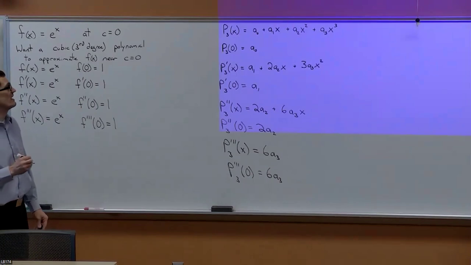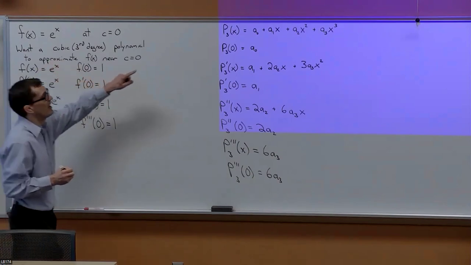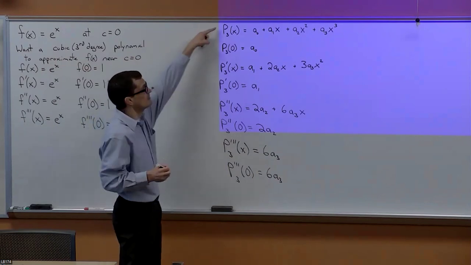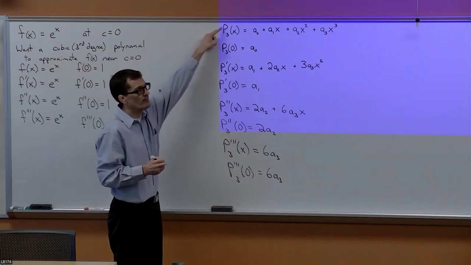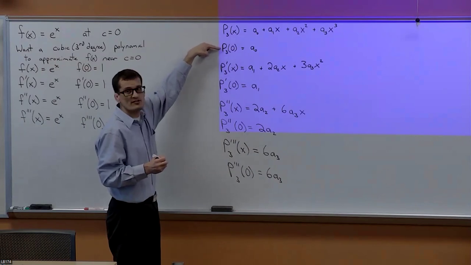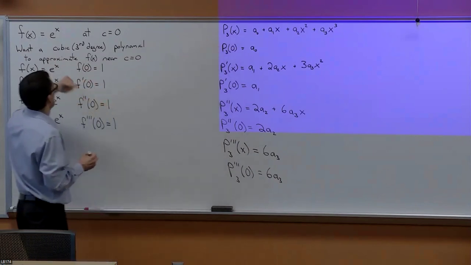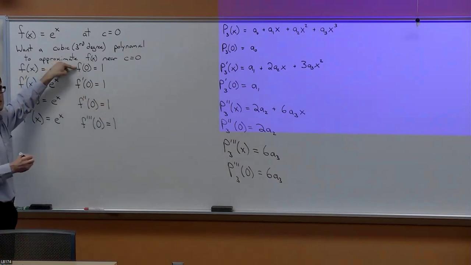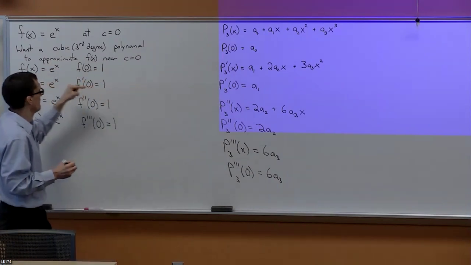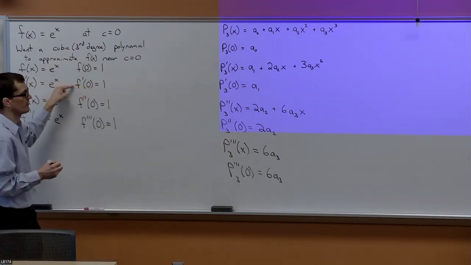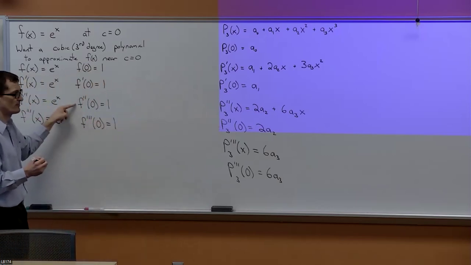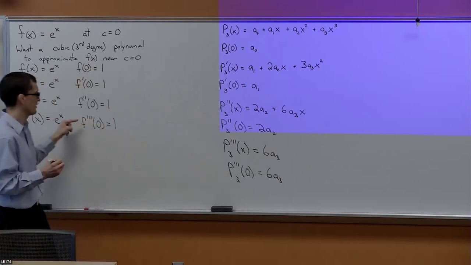Now, what did we just say? We want a polynomial of third degree centered at 0. This one is centered at 0. Such that this matches up with this. And this matches up with this. And this matches up with this. This matches up with this.